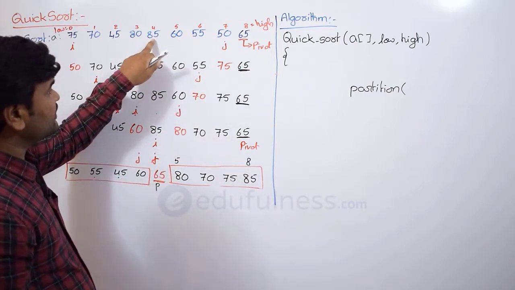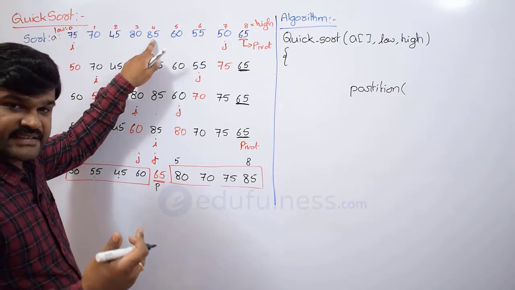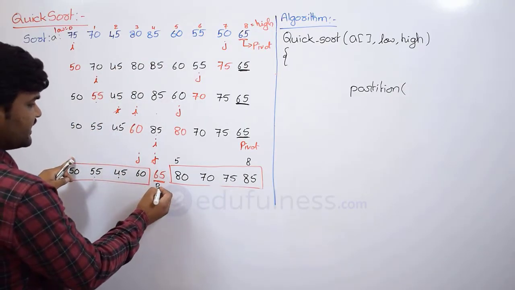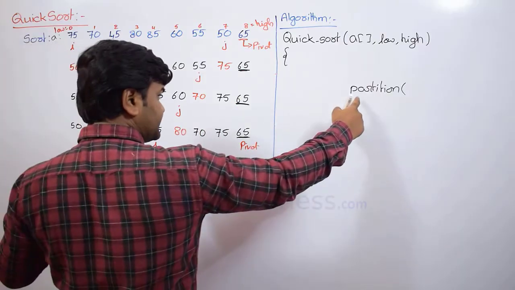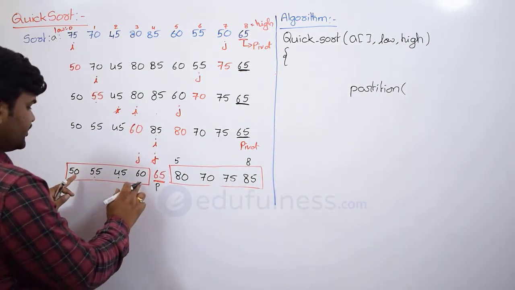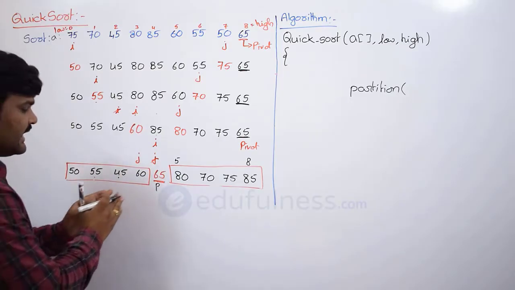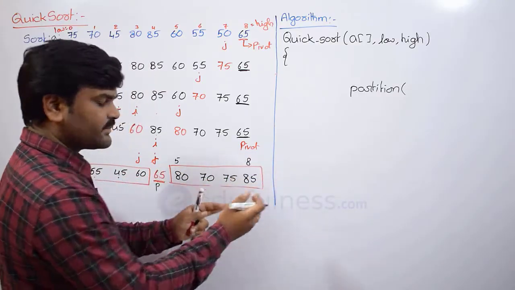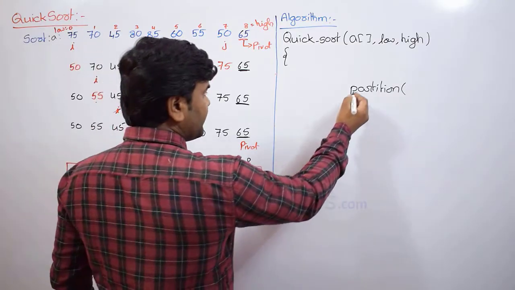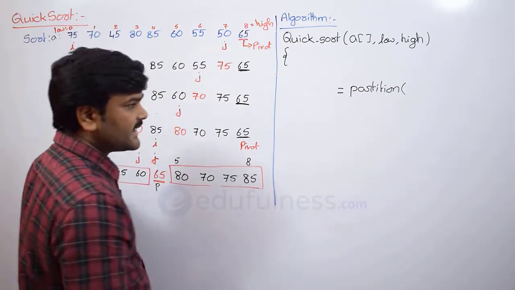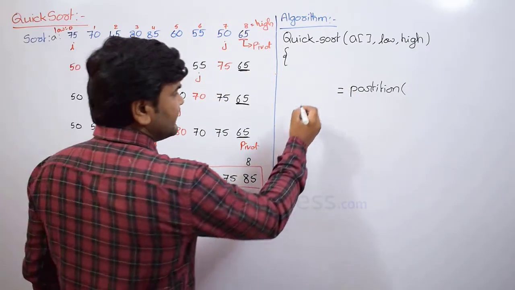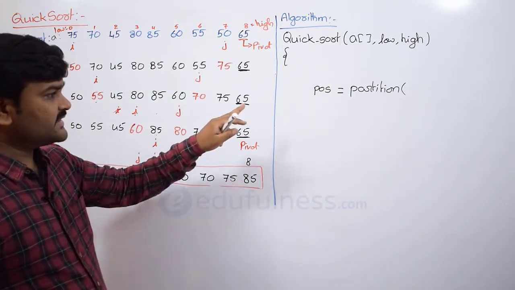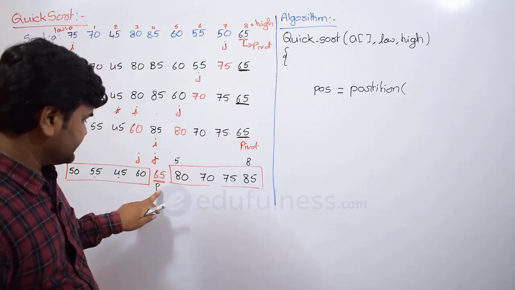Based on the fourth index, I am going to do the next step: 0 to 3 is a separate subproblem, and position plus 1 to high is a separate problem. Whatever partition is returning, I am going to catch into a variable, POS. This position says where the pivot is placed.